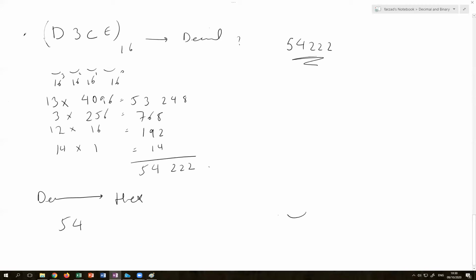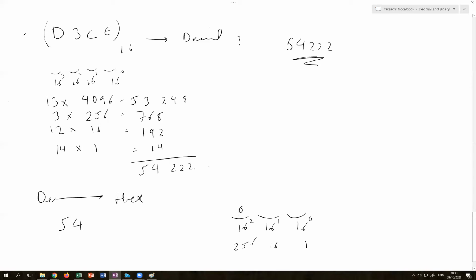I know that in hexa, here is 16 to the power 0, here is 16 to the power 1, here is 16 to the power 2. So 16 to the power 0 is 1, this is 16, 16 to the power 2 is 256, but let me double check, 16 times 16 is 256. So guys, do we have any 256 in 54?